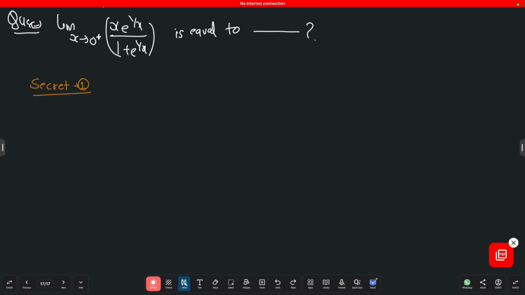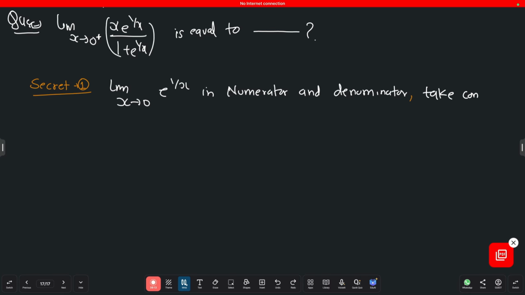Rahasya number 1: whenever limit x tending to 0 and e power 1 by x is in numerator and denominator both, like in this situation, immediately take it common and cancel.